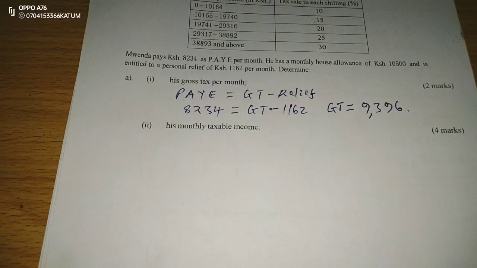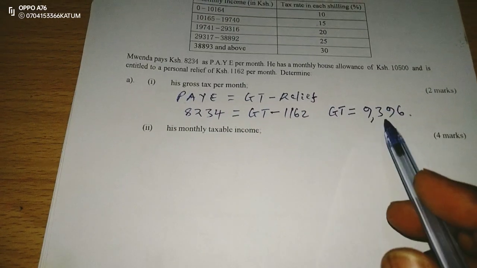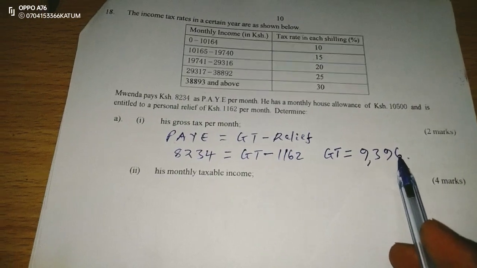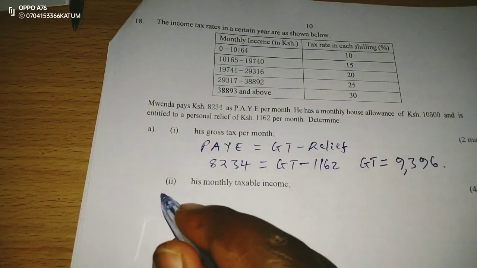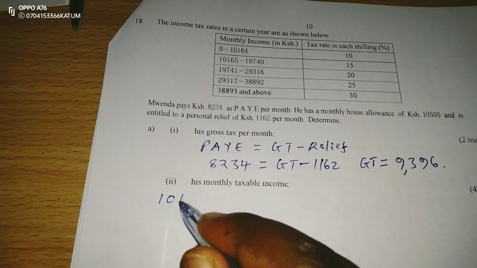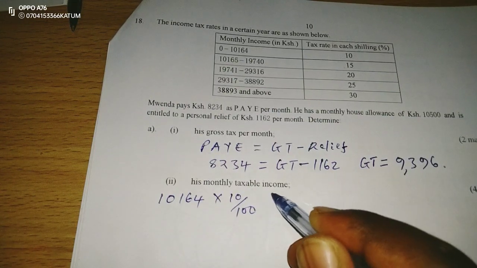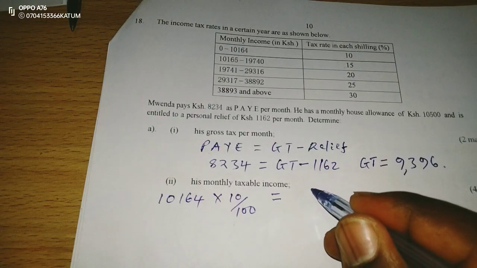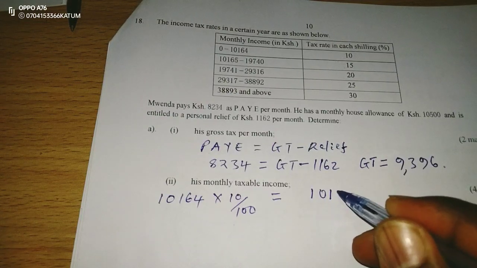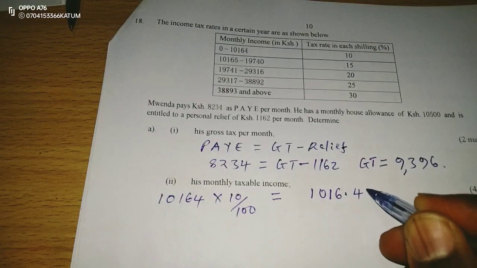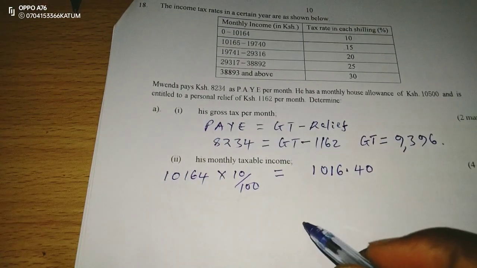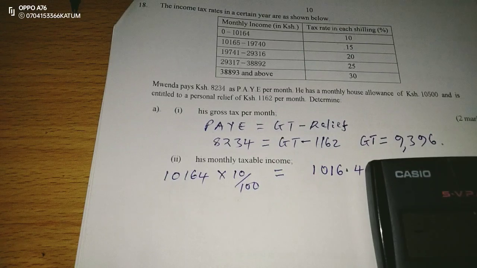We are also calculating his monthly taxable income. Therefore, we're going to tax a certain unknown amount until the gross tax is 9,396. So from the first bracket, which is 10,164, at the rate of 10% we get a tax of 1,016.4 Kenya shillings. In the next bracket, we're going to have 19,740 minus 10,164.